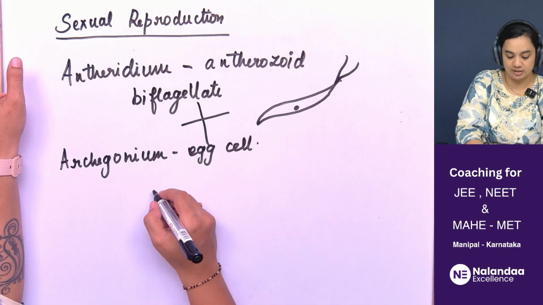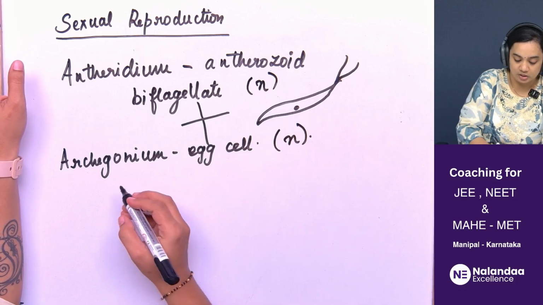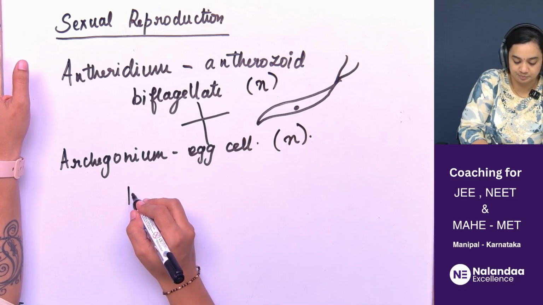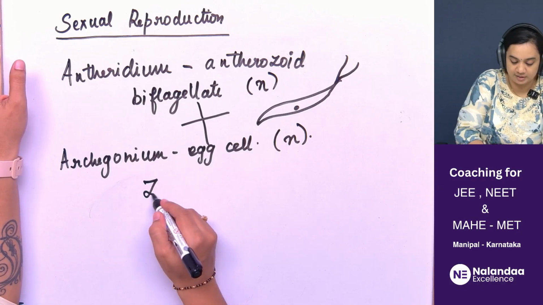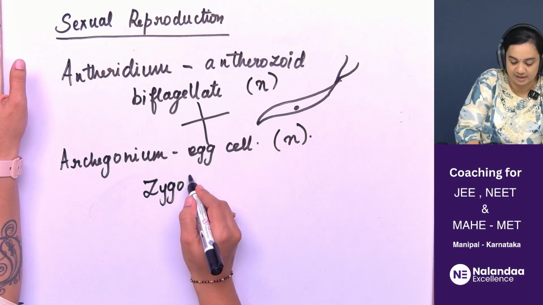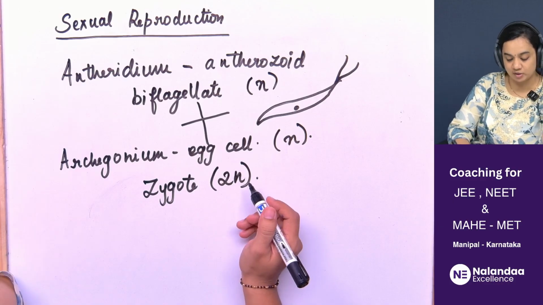After fertilization, now this is haploid and this is haploid, so they form the diploid zygote. So the zygote is diploid. Now what happens after this process?